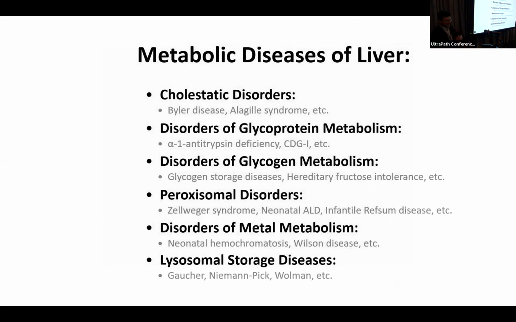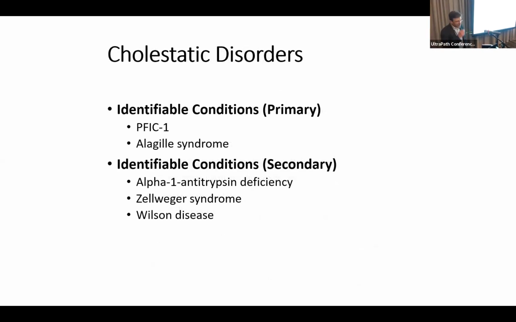All right, so moving on to some of the diseases and disease processes of the liver in which electron microscopy can be helpful. I'm going to start with some of the cholestatic disorders. Here you can see some of the different primary and secondary causes.